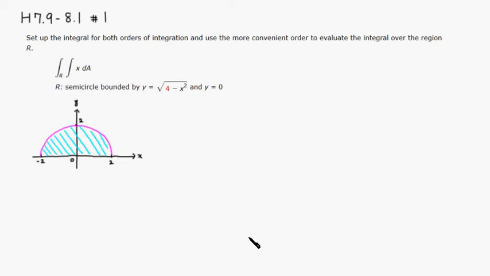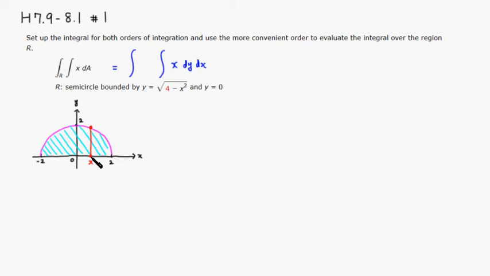Now we just have to set up the integral. This is going to be a double integral, and I'll probably do it with respect to y first, and then with respect to x. Since the second integral is with respect to x, I'm going to fix x, then see where this segment starts and ends.